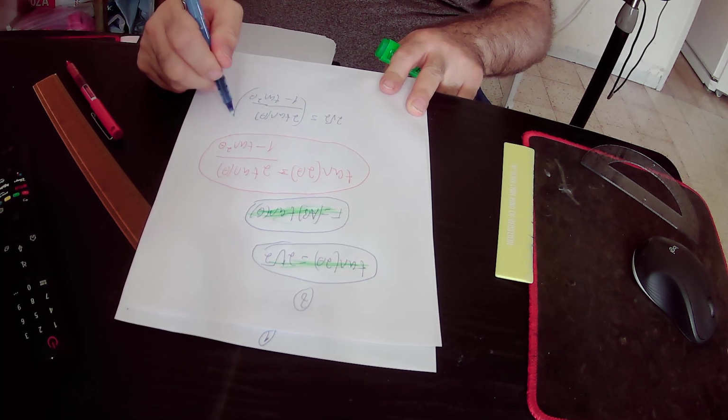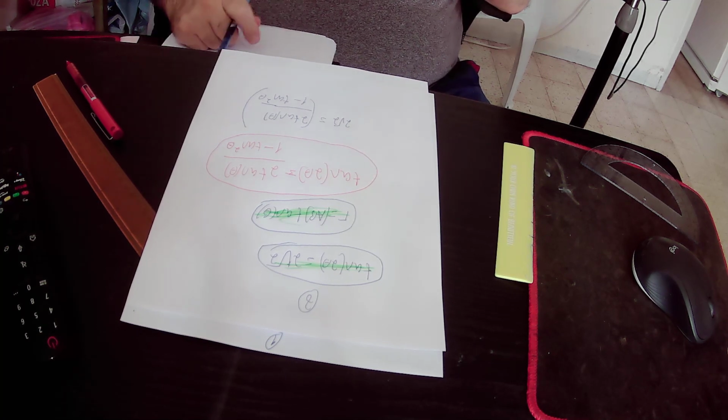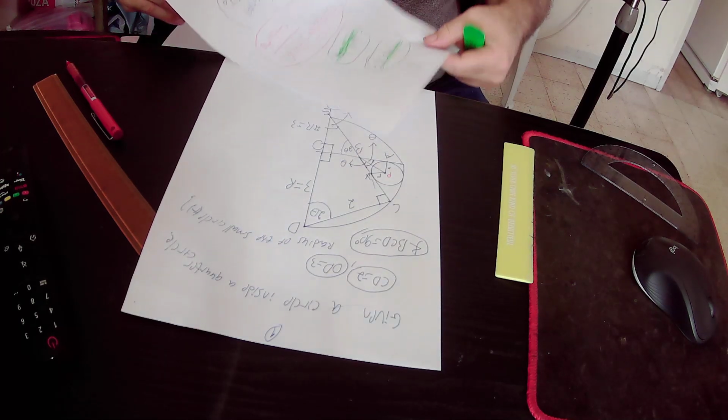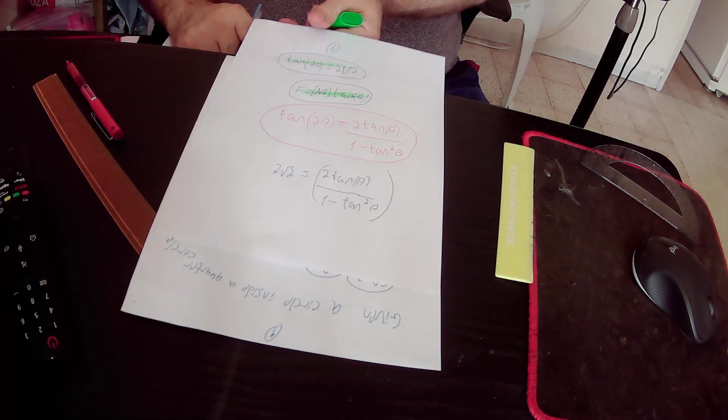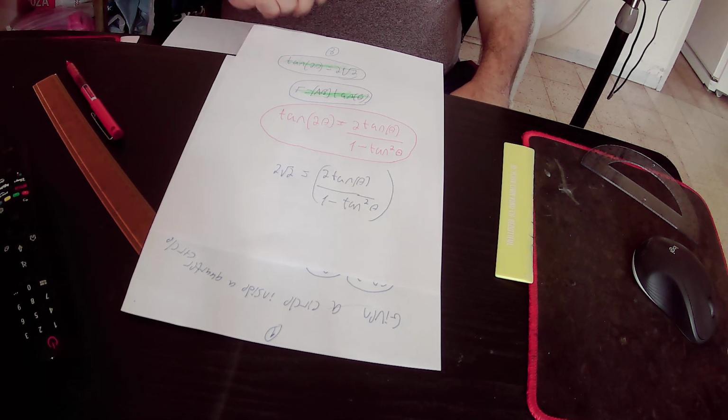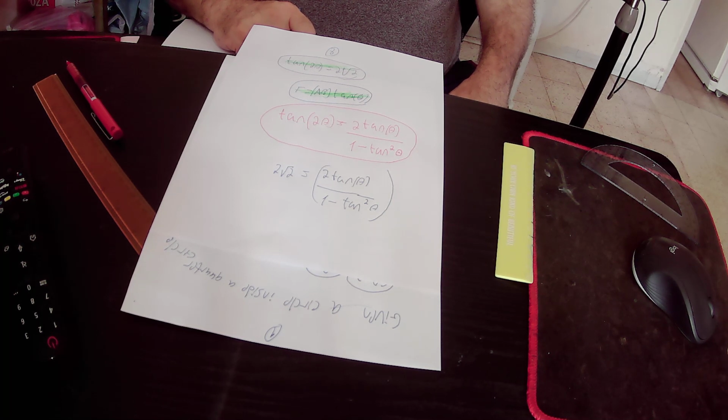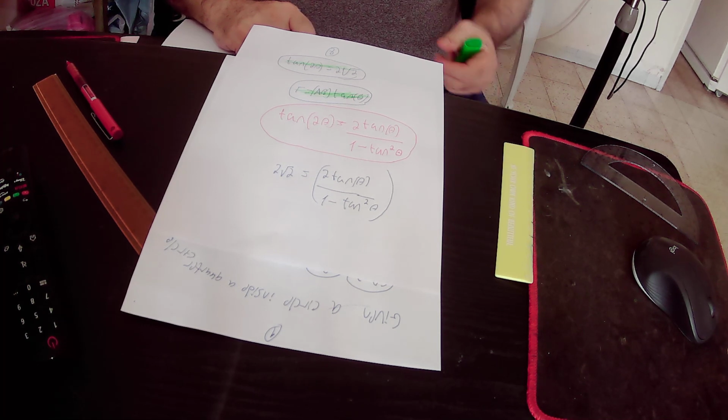Okay, so here we can find the value of tangent theta from this equality, but it will be much simpler for us to define that tangent theta will be equal to x, and then we will solve a quadratic equation, and in this way we will find the value of tangent theta.